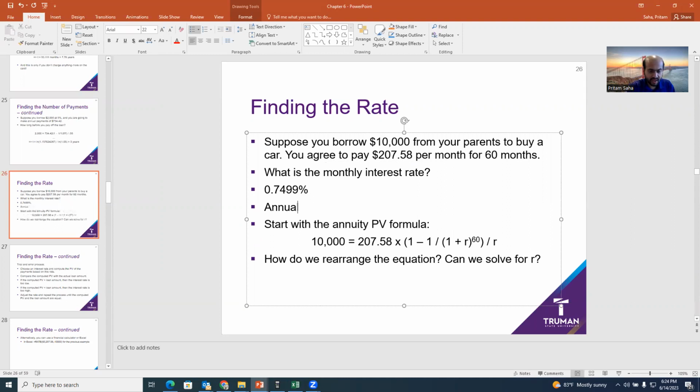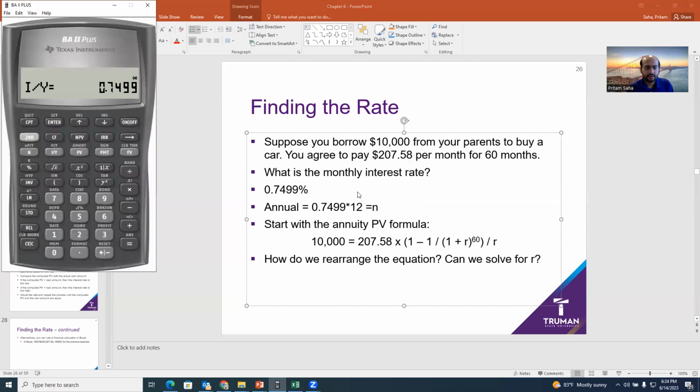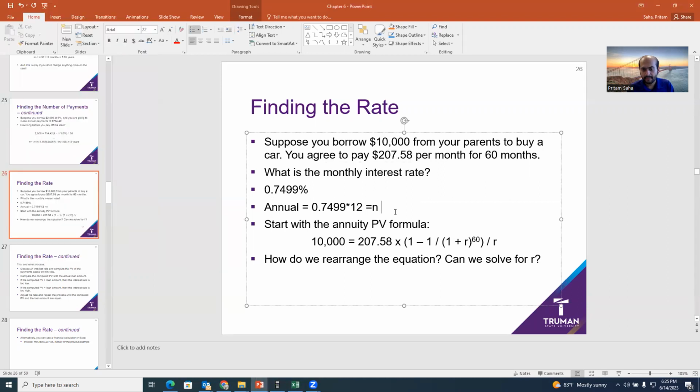Always answer in terms of annual: 0.7499 times 12, that should be 8.99. Make sense? If nothing is specifically asked about the periodic interest rate, always report the annual rate. That's it.